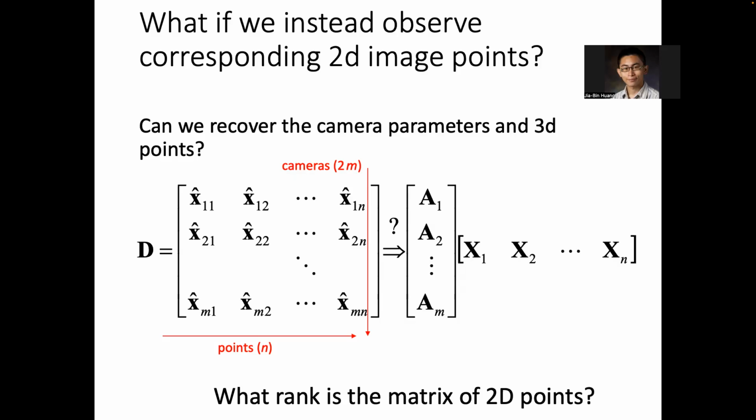Any thoughts? What does the matrix rank look like? Would that be 100? Would that be a full rank matrix?